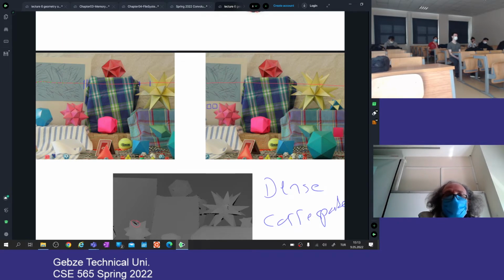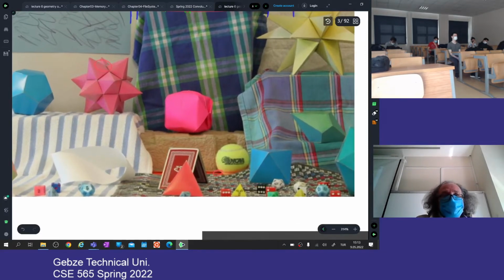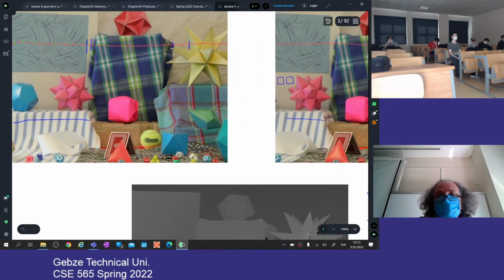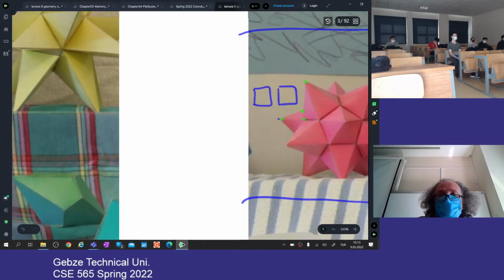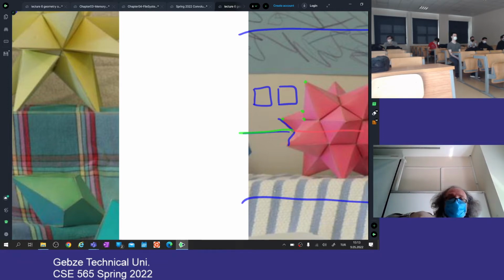The ordering constraint holds for this part of the image, right? It holds there. The problem happens around these regions. Here, the ordering constraint might be different because there are surface discontinuities, right?